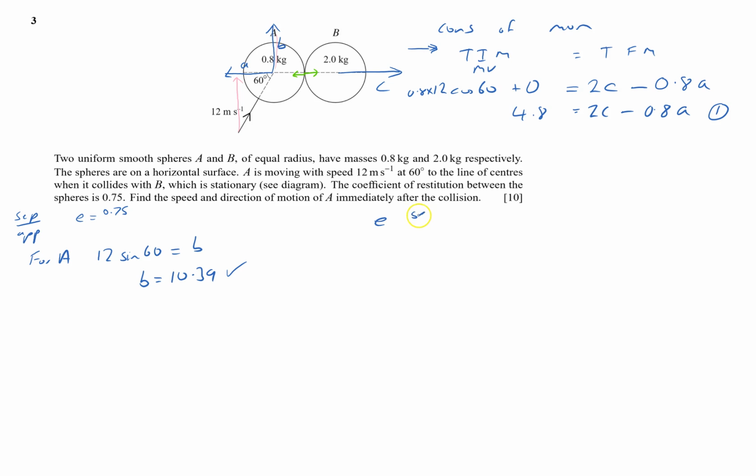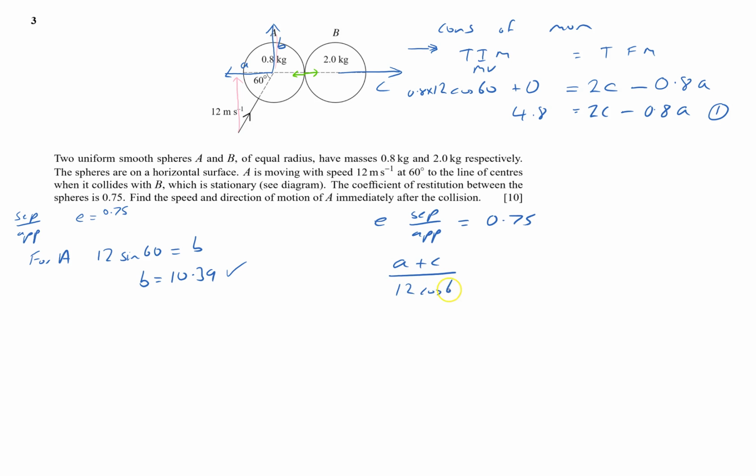E, which is the separation speed over approach speed, equals 0.75. The separation speed is going to be A plus C, because it's how fast they're moving apart along the line of centers. And how fast they're approaching is this bit here, which is 12 cos 60.